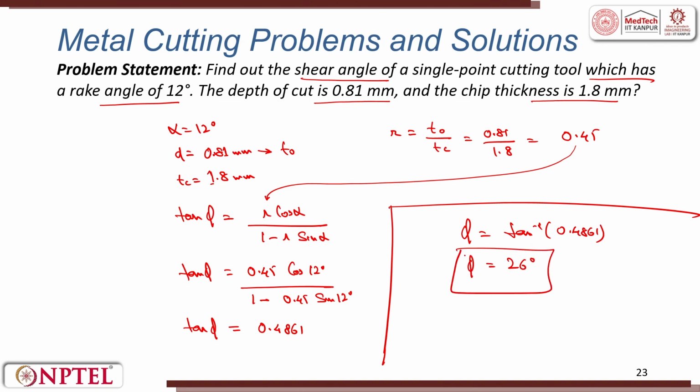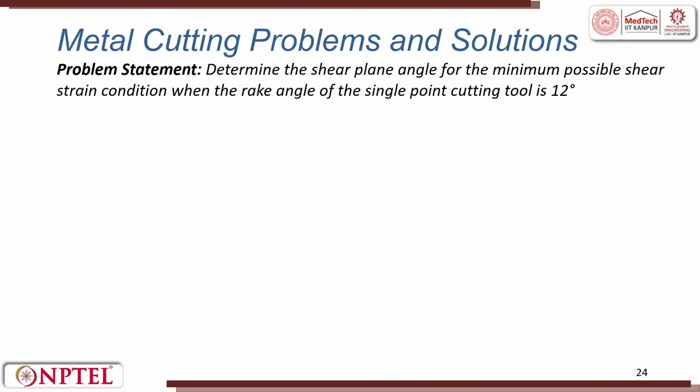That is the answer. A similar problem statement is given again, where they only say determine the shear plane angle for minimum possible shear strain condition when the rake angle of the single point cutting tool is 12 degrees. It is kind of the same problem, only we need to apply the minimum shear strain condition.